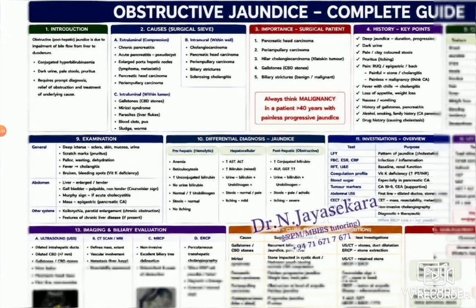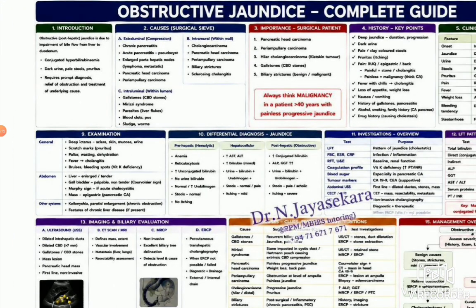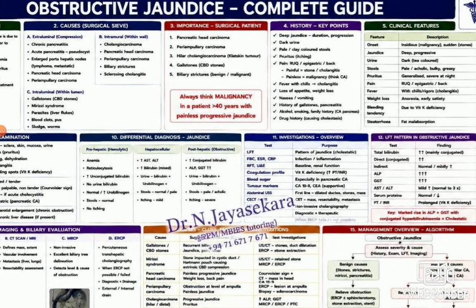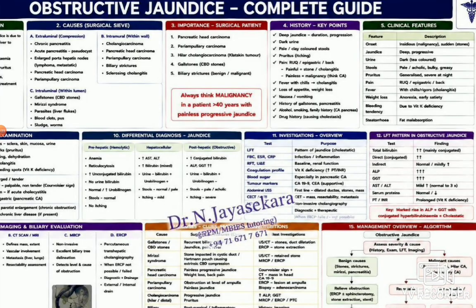Another important concept, one of the most important clinical concepts, is painful versus painless jaundice. Painful jaundice: stones usually cause sudden obstruction. This rapidly increases the ductal pressure and inflammation, so patients develop severe pain. Painless progressive jaundice: compared to that, malignancy causes slow gradual obstruction.